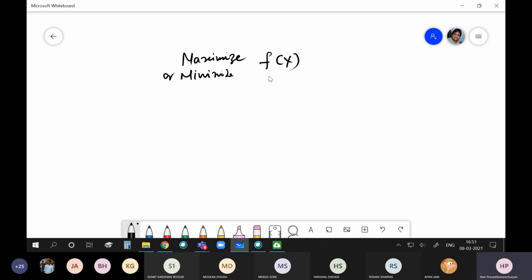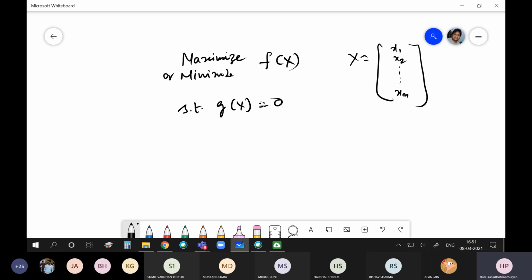That means I have to maximize or minimize a function f of x, where x is again a vector of decision variables x1, x2, xn, subject to, let us say, a single equality constraint, that is, subject to the condition that g of x is equal to 0.